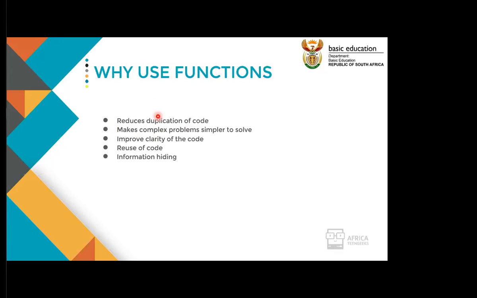That means you can now access some other program to do work for you. For example, when we imported the random module, we use the rand range. That rand range is a function that somebody else created, and they said, all right, I know that people might want to use it, so I'll just put it in the Python coding for you, and you can reuse it over and over.